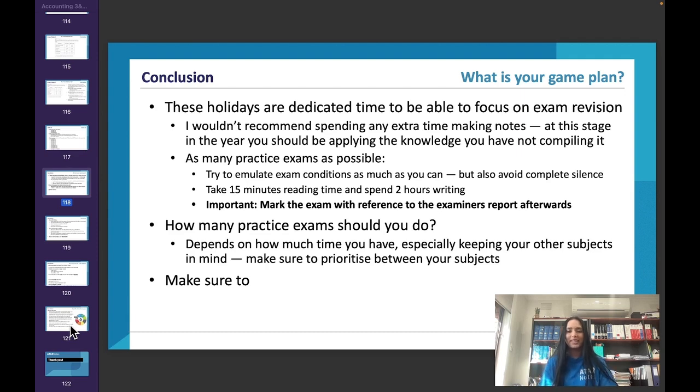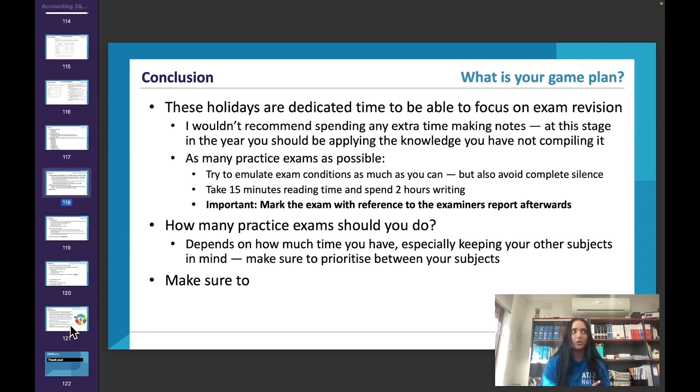Basically just do as many practice exams as you possibly can. There isn't a set number that everyone should aim for. Sometimes quality is better than quantity. It's better to do 10 exams, but each exam you sit and you go through the examination report thoroughly, and you identify the mistakes you made, you identify why you made that mistake, and you identify how you can avoid making that mistake in the future.